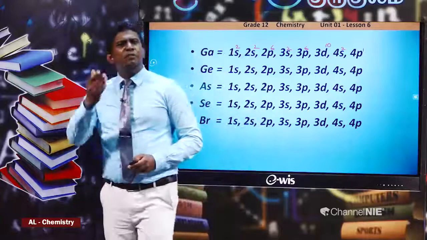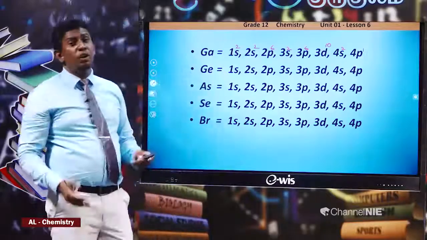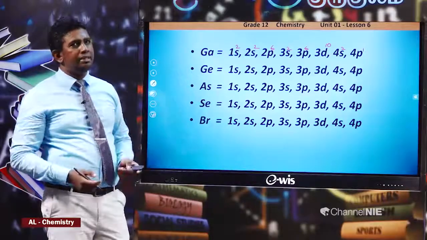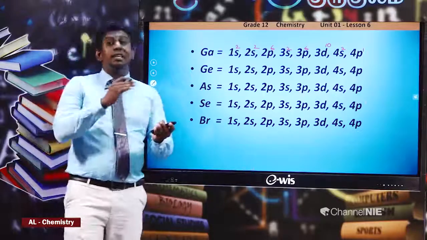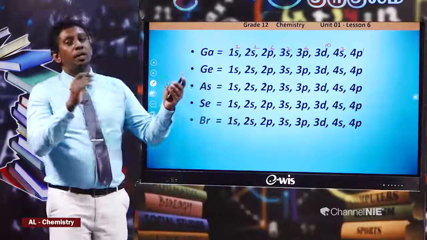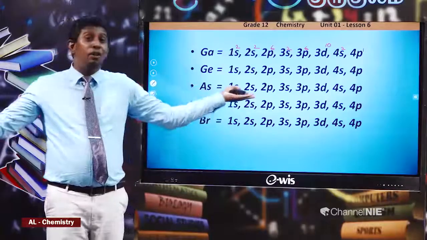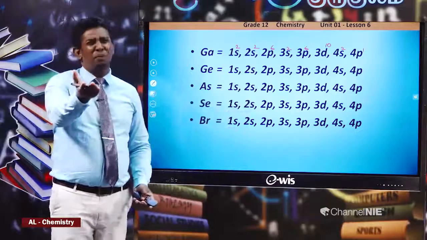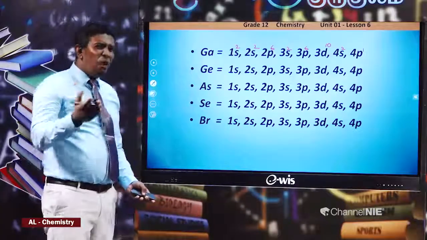Then from the 31st to the 36th, 4p is being filled: 31, 4p1; 32, 4p2; 33, 4p3; 34, 4p4; 35, 4p5; 36, 4p6.